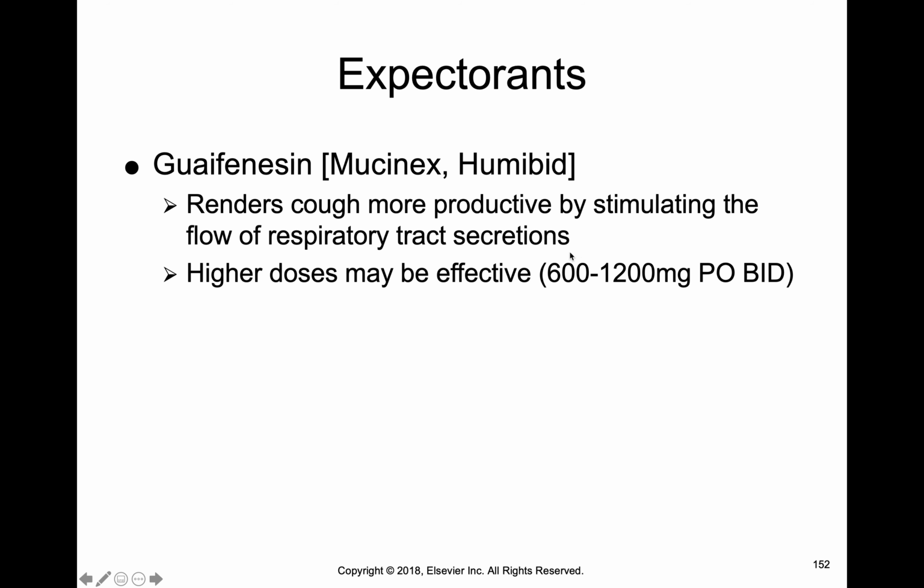And they help increase the respiratory tract secretions, so that the cough is more productive. They can cough that stuff out, and then hopefully they stop coughing. And the dosages range wildly, anywhere from 600 to 1,200 milligrams twice a day.